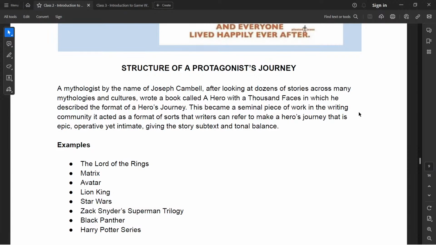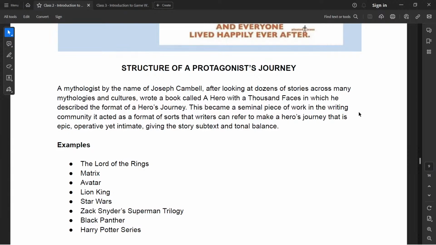The next one is a very, very detailed structure, mainly for the hero's journey. There's a mythologist called Joseph Campbell who wrote a book called The Hero with a Thousand Faces. In this book he described the format of a hero's journey, and in the writing community it was a brilliant piece of work that gave writers a kind of guardrail, or rail, to explain the hero's journey.